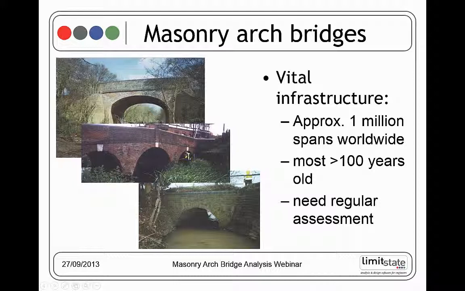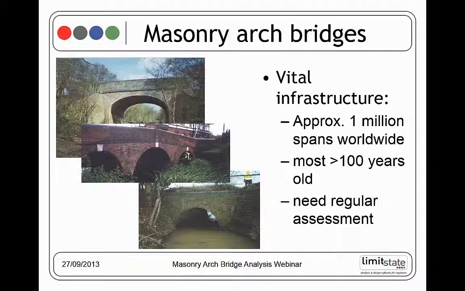Okay, so moving on to masonry arch bridges, a bit of background. Many of you will be aware that these kinds of structures are very commonplace. We reckon there's about 1 million spans worldwide, particularly in Western Europe, also many in, for example, China and the Far East, and also a sprinkling of bridges in many other parts of the world, for example, the East Coast of America, Iran, Australia, and so forth.